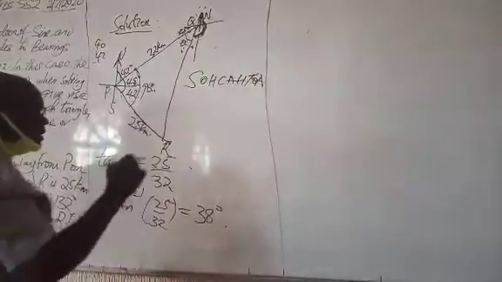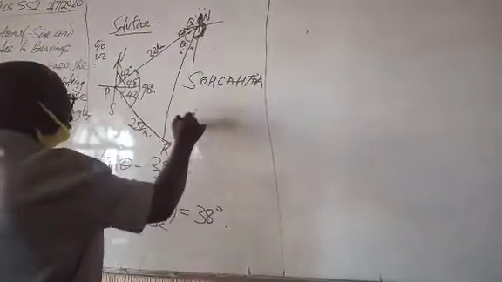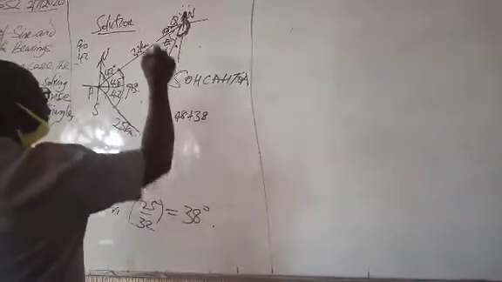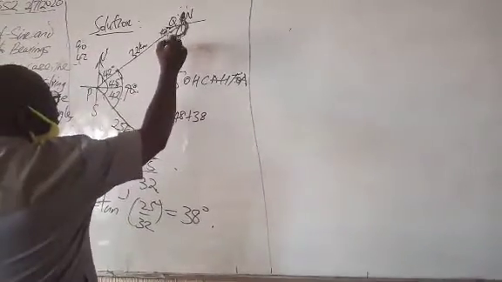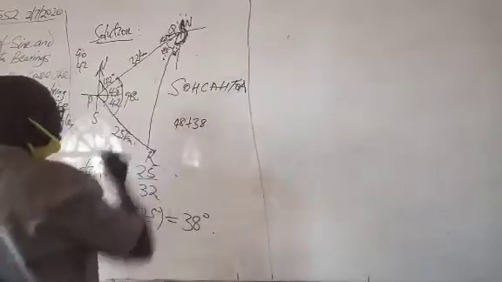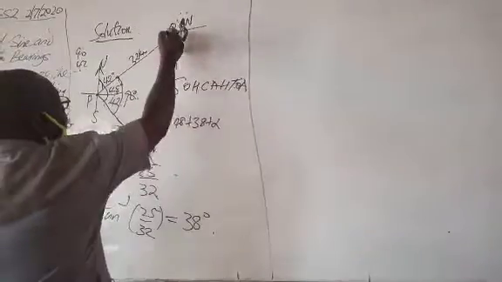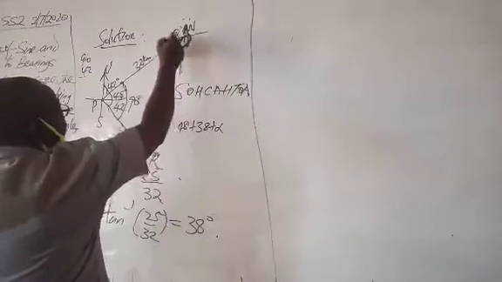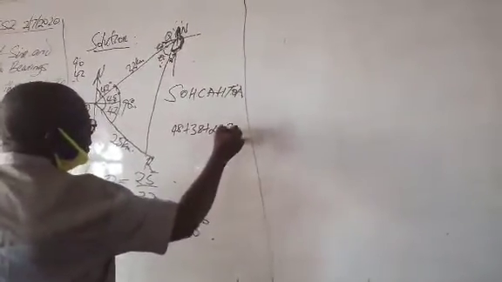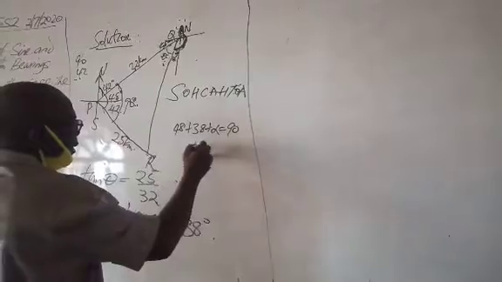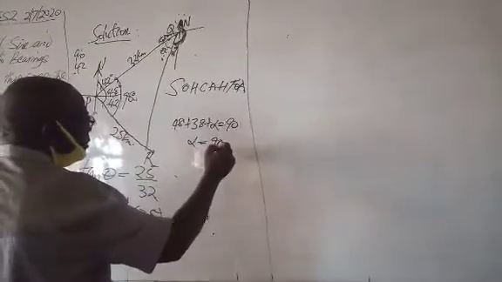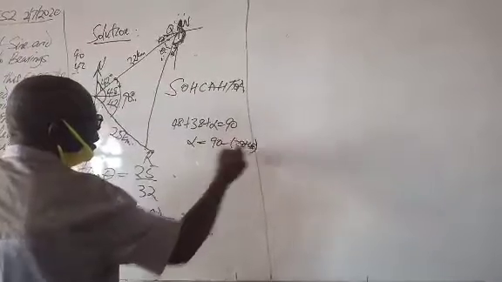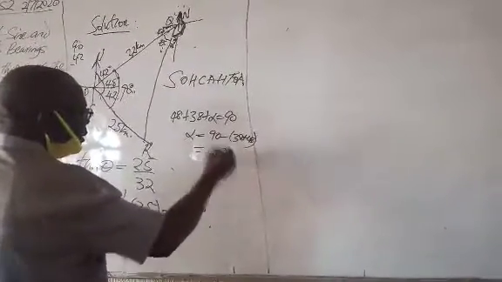That is 48 plus 38 plus this part, which we don't know, let's call it alpha, and that will make up 90 degrees, the right angle. Therefore our alpha will be 90 minus the sum of 38 plus 48, and that will give you 4 degrees.